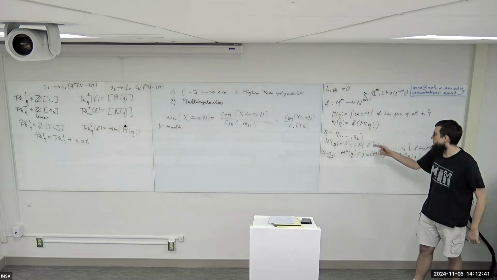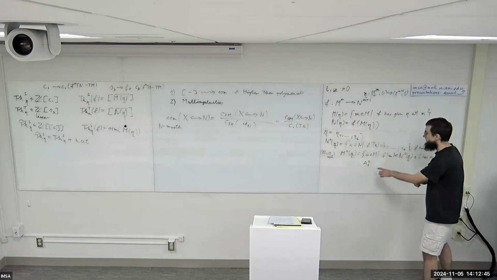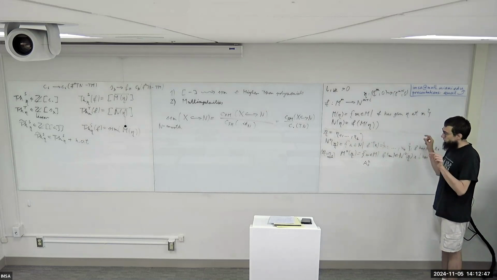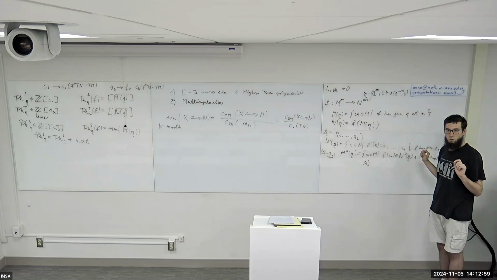For example, if I take A_0 squared, it means that I have a double point which is smooth on both branches. But they can be tangent to each other. They can be two parabolas, or a line and a parabola like that. That would be A_0 squared, right?